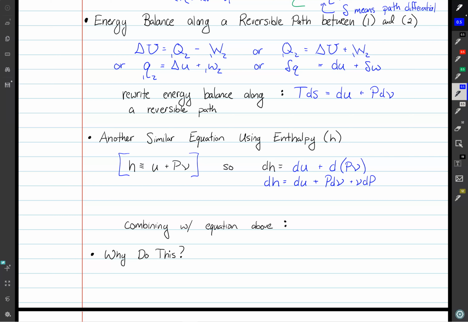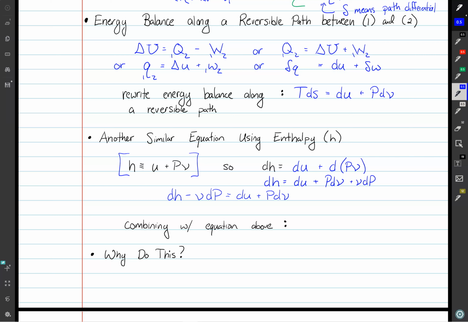We're going to smush it together with the equation we just had, T dS equals dU plus P dV. So let's have dU plus P dV on one side: dH minus V dP equals dU plus P dV. I think it's kind of fun to say: dU and P dV and V dP.